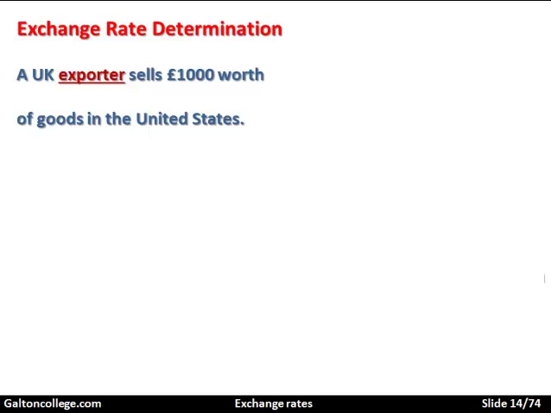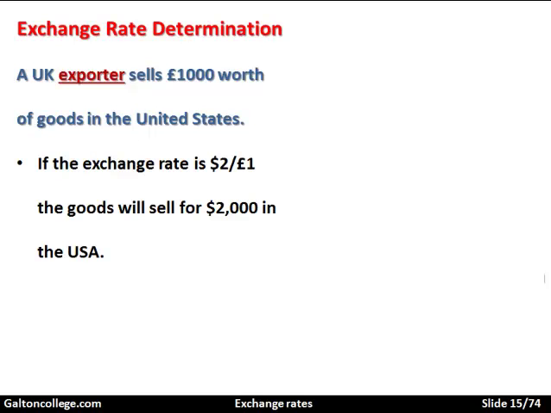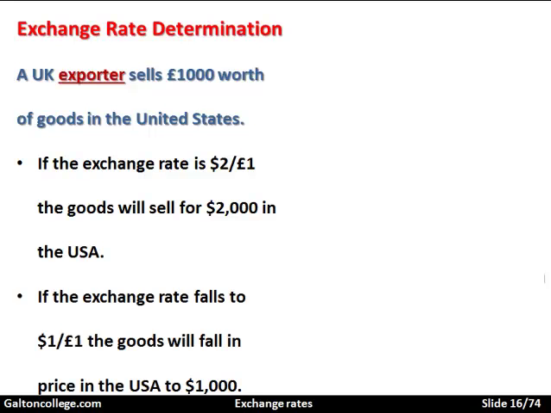to the United States. If the exchange rate is $2 to the pound, the goods will sell for $2,000 in America. If the exchange rate falls to $1 to the pound, the goods will fall in price in the US to $1,000.